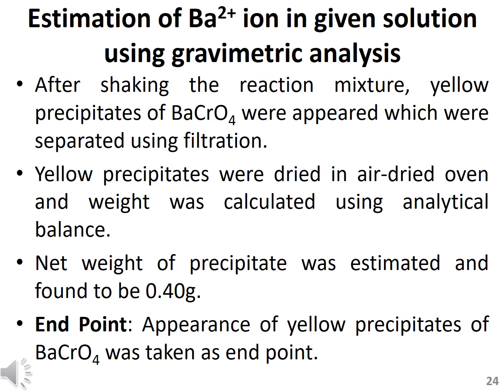Actually, gravimetric analysis includes some indicator, which are precipitate indicators. The formation of precipitates indicates the completeness of the reaction. So the appearance of yellow precipitate will show you the completeness of the experiment, and this will be taken as the end point.